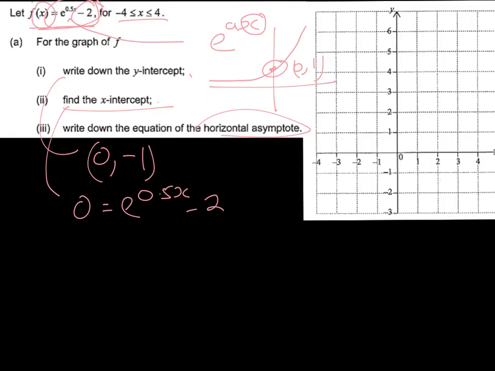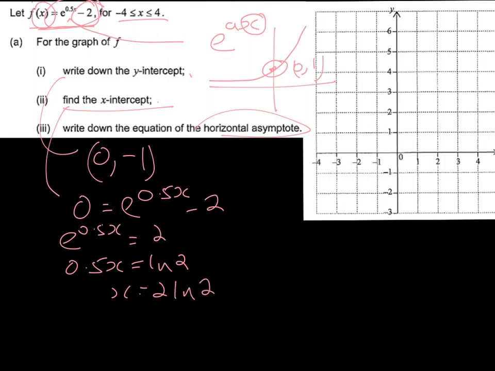We could then rearrange that as e to the 0.5x equals 2 and take the ln of both sides. So 0.5x equals ln 2, and therefore x equals 2 ln 2. And that's going to give you 1.39, which is the same value that you would have found if you had gone to analyze graph and find the zeros.